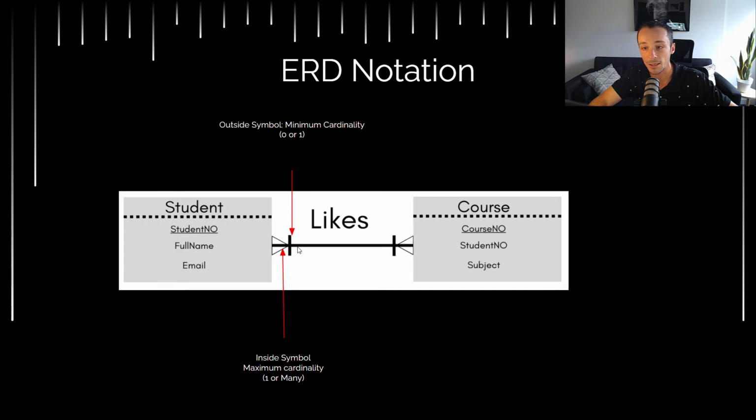So it needs to have at least one student in this relationship. That's how that reads effectively. So that's the title of the relationship. This is the entity, and we can see here the primary key, the course number, which is underlined, and the foreign key, which is not underlined, and it's associated to the student entity.